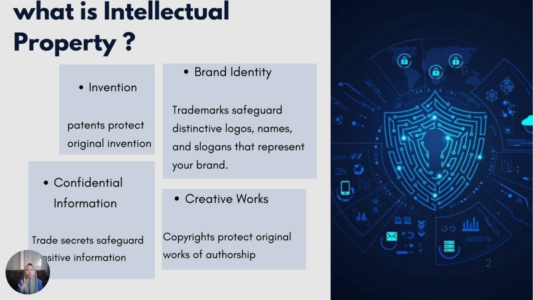And then number four is confidential information. Confidential information refers to sensitive data or knowledge that is valuable to a business or individual because it is not publicly known, right? This can include proprietary processes, formulas, customer information, or strategies that provide a competitive advantage.